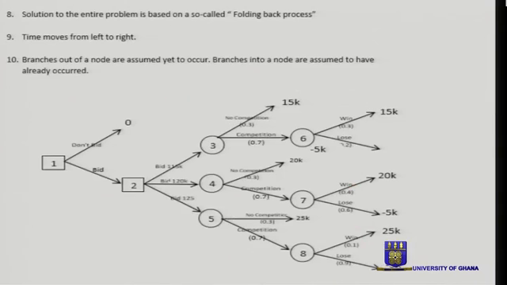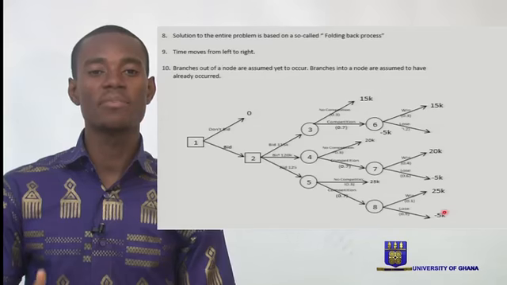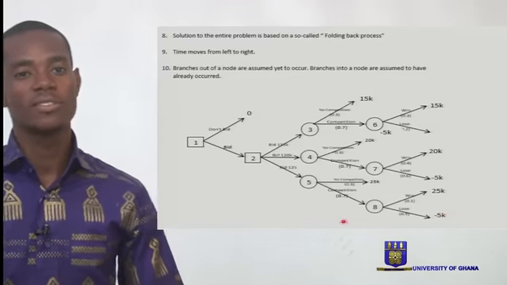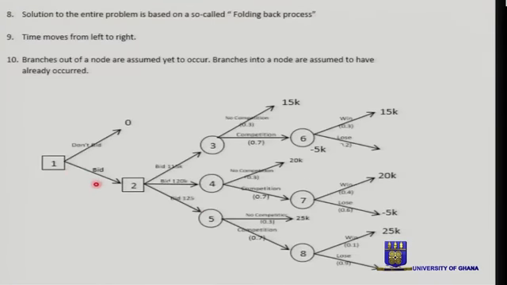You're given a business problem, and then we represent that business problem in this form, using this diagram. And these nodes, you can see the square nodes here. You see the circle nodes also here, right? Now, the square nodes are always used when we have to make a decision.